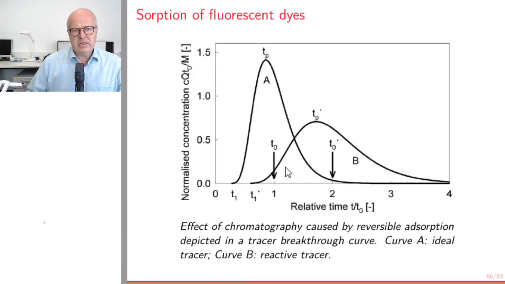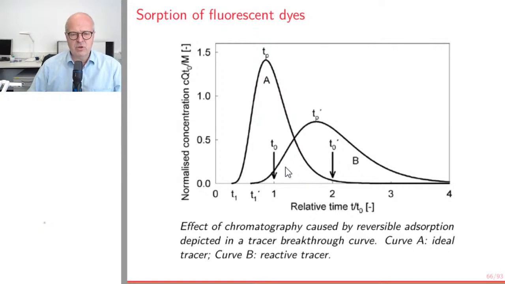So if we go through the list of these properties, we have discussed temperature, light, pH, detection limit. So we need to discuss sorption as well. And the result of sorption is shown here. If a tracer is sorbed onto a surface, you get a delay of the peak and a kind of dispersion.